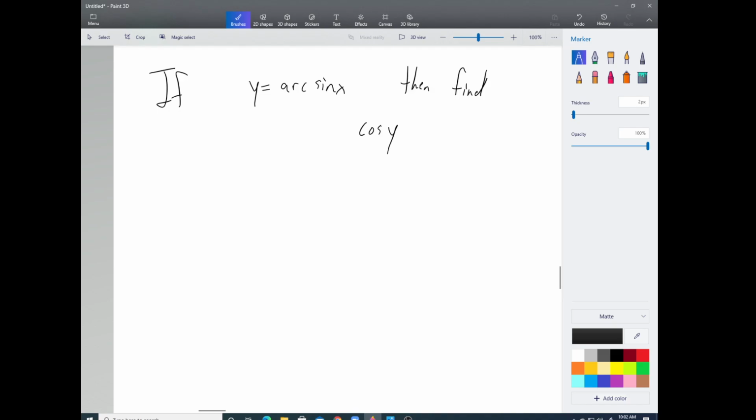So when you're looking at a problem like this, it's all going to be about: draw it out.